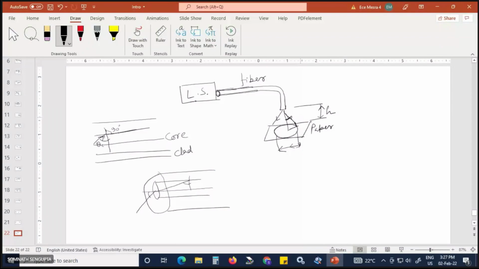But if this angle is the critical angle, theta c, then it will propagate across the core cladding interface. At that time, this angle is generally, you know, theta 0 max, the maximum acceptance angle.